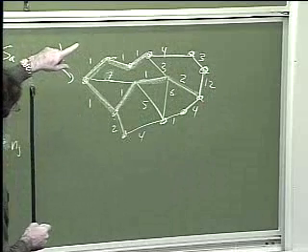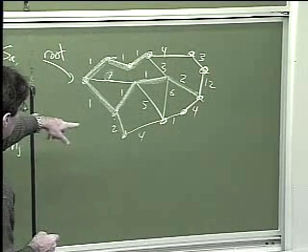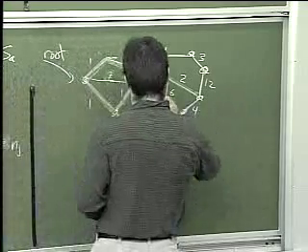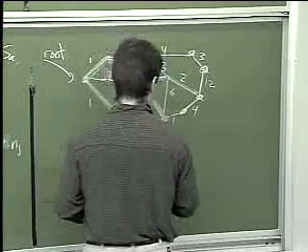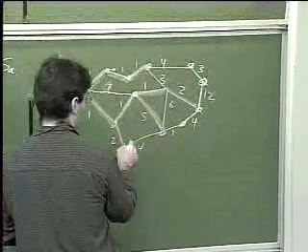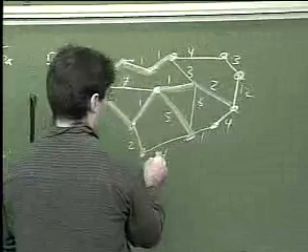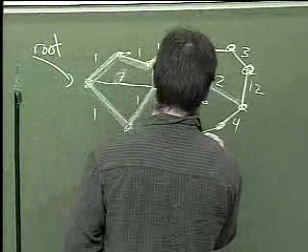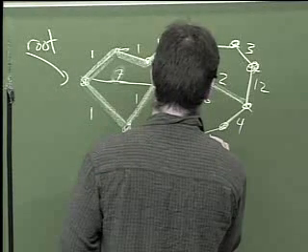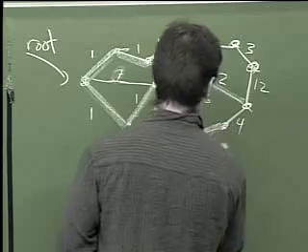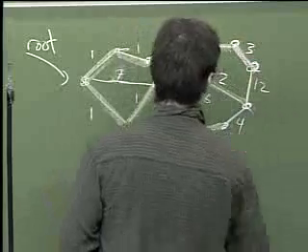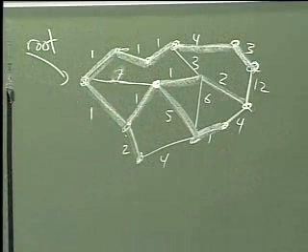There are a couple of nodes we haven't reached yet: 2, 3, 7, 6. Okay, I think this is the shortest path tree rooted at that node.